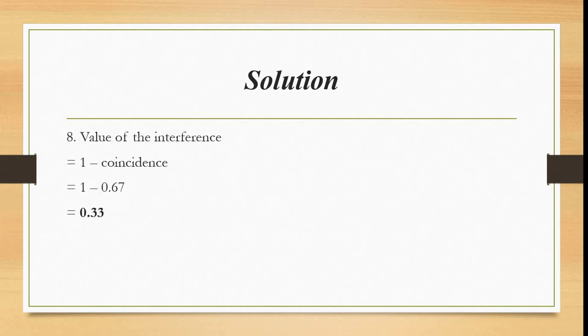All right, to calculate interference, you just take the coincidence away from 1, right? You take the coincidence from 1, you get 0.33. That is the interference. Okay, so the only way we can have an interference of 0 is when the coincidence is exactly 1, and we can have several ways of interpreting it.